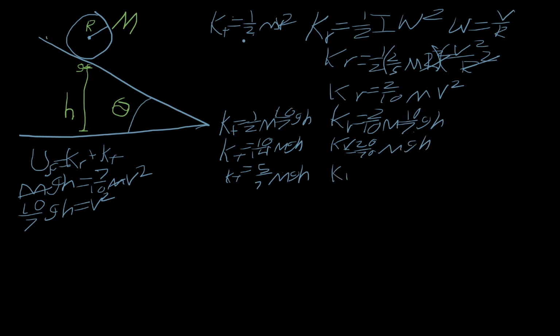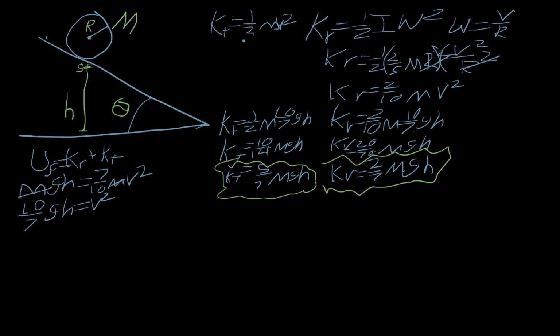So we'll finalize by simplifying. This will give us 2/7 mgh. So that's it for our first question. We've determined the translational kinetic energy, and we determined the rotational kinetic energy of our ball.